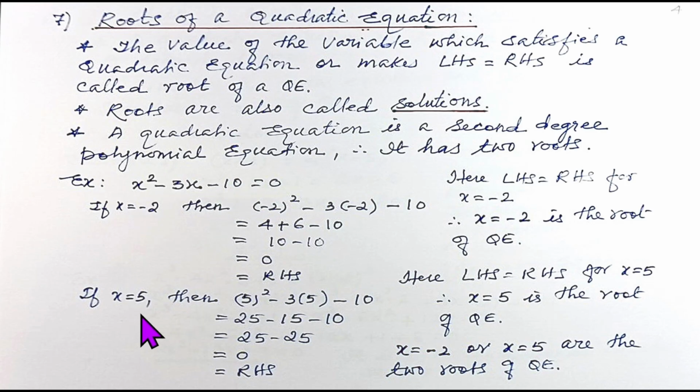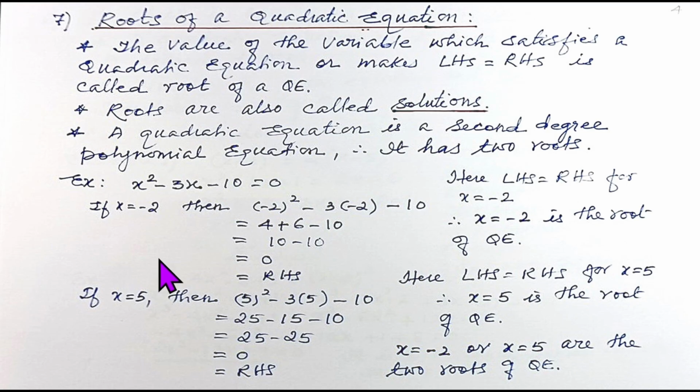Also when I put x equal to 5, then again we find x square minus 3x minus 10 is equal to 0, LHS is equal to RHS, that is 0 equal to 0, therefore x equal to 5 is also a root of the given quadratic equation. That means the given equation x square minus 3x minus 10 equal to 0 has two roots, x equal to minus 2 and x equal to 5, and therefore the given quadratic equation has two roots.